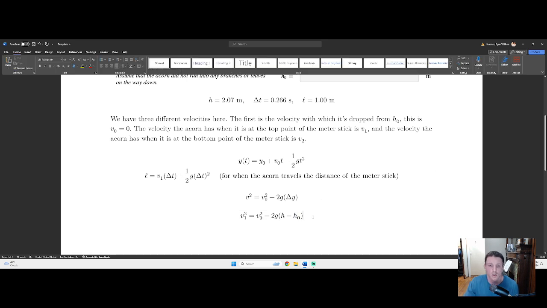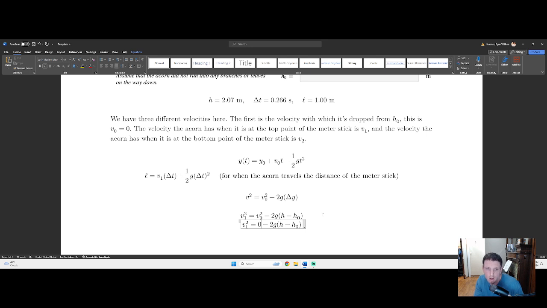Okay, now let's just rewrite this. And what we have here is that this v naught squared is just 0, right? Because we are inferring that it starts with no velocity in the y direction.